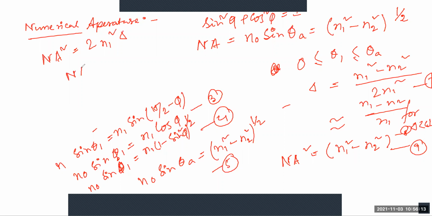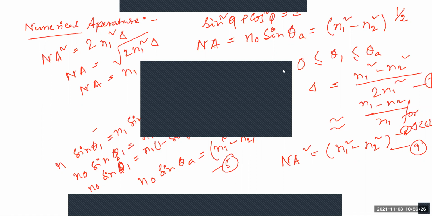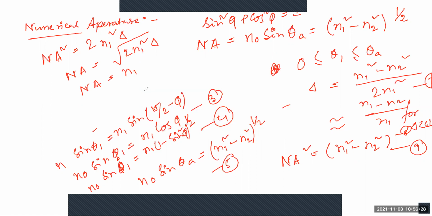So from this, NA equals n1 under root 2 del. Okay, so this is a formula.